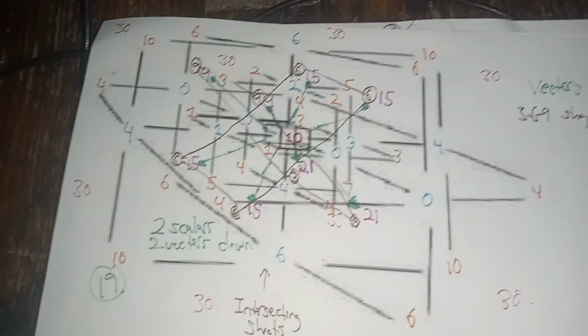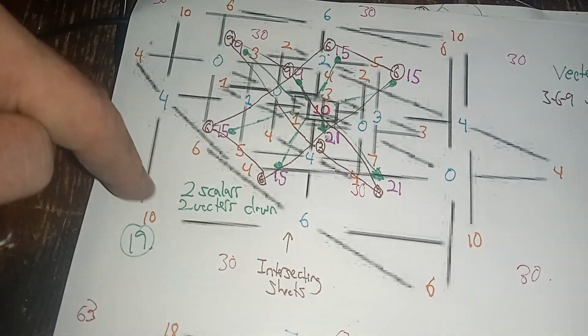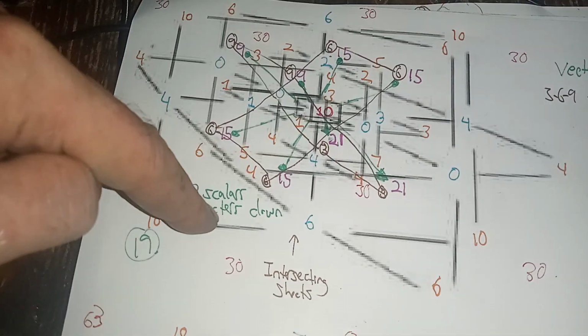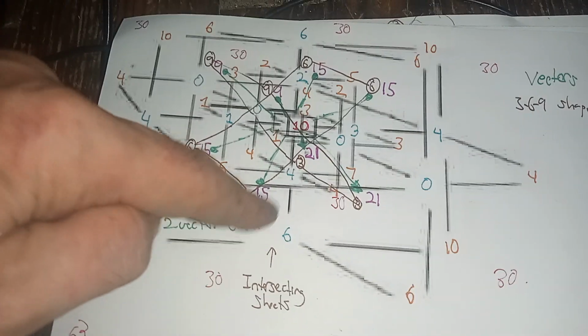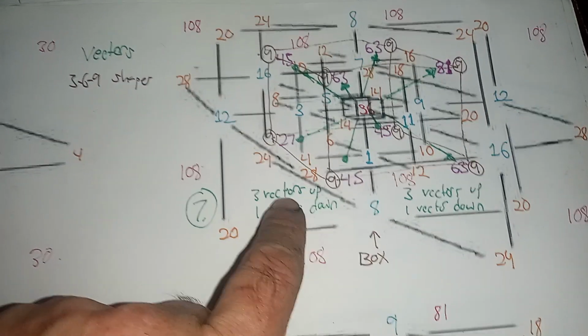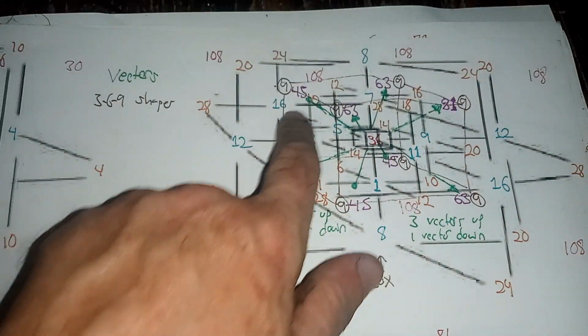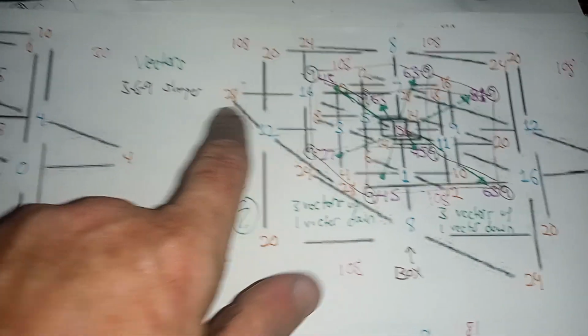This is an intersection of sheets, and this is the scalars, 2 scalars, 4 vectors down, two vectors down. If you can look at that, pause it. Here's 3 vectors up, 1 vector down. I wrote that 2 times. It's a box shape for the 369 shapes.